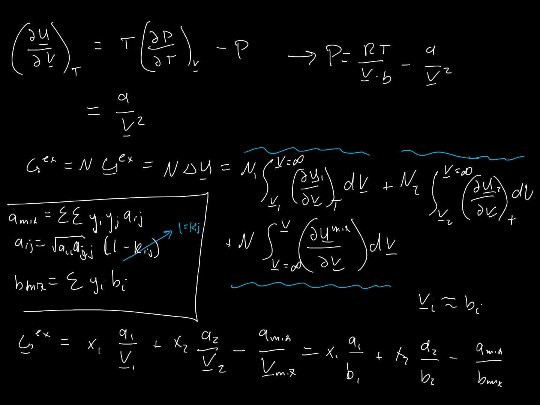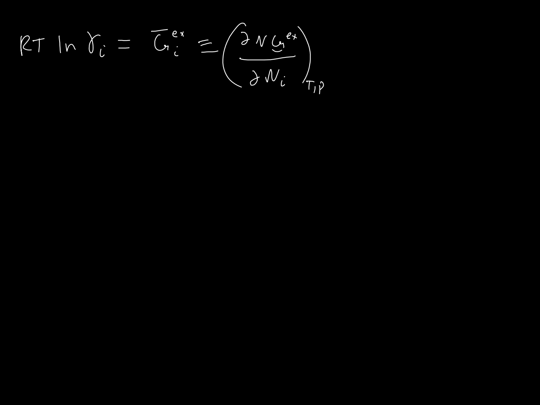Okay, so now we have an equation for our excess Gibbs as a function of known properties that are tuned based on their pure material properties following the van der Waals equation of state. We can extract the activity coefficient because it is equal to the partial excess Gibbs free energy, which is defined as how the total excess Gibbs free energy changes as I add or subtract a little bit of component i.